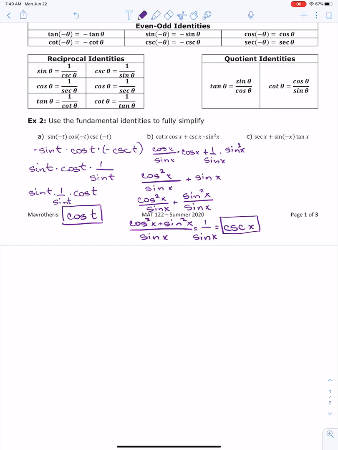So C, let's see, we got secant x plus sine negative x tangent x. So I'm going to start by rewriting everything. Secant is 1 over cosine. Sine of negative x is minus sine x, so I'm just going to rewrite minus sine x. Tangent is sine x over cosine x.